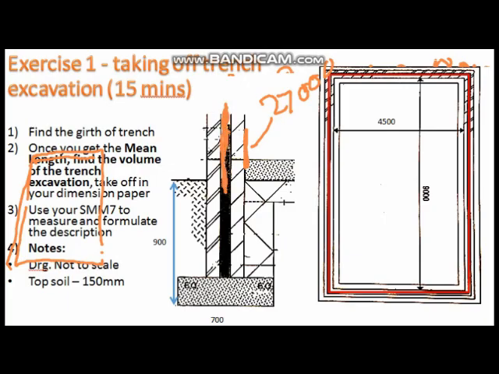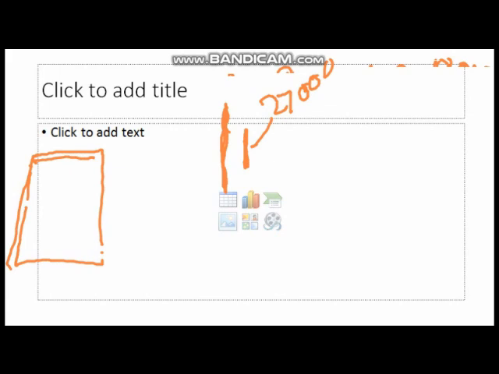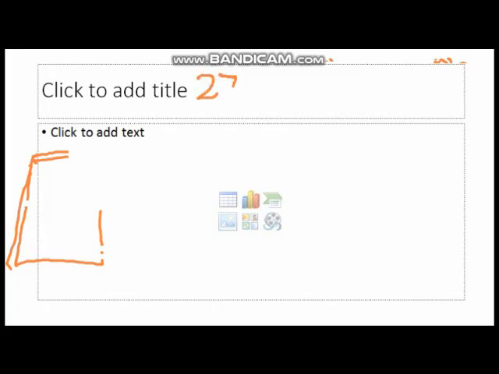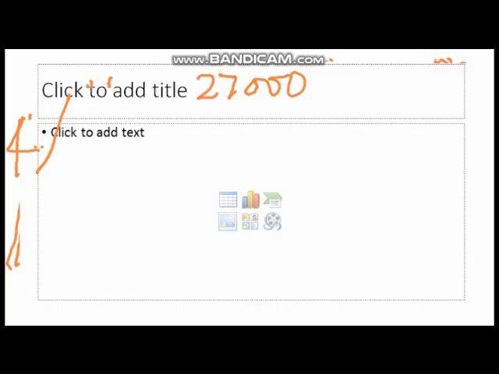Okay, so how do we find that? Let's calculate it again. So from 27000 just now, you need to add, because it will expand. So how do we do that? 4 times 2 times 100.